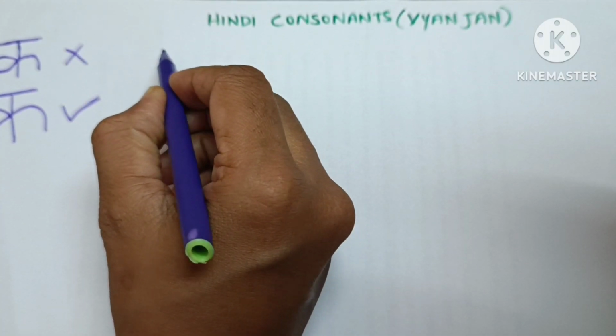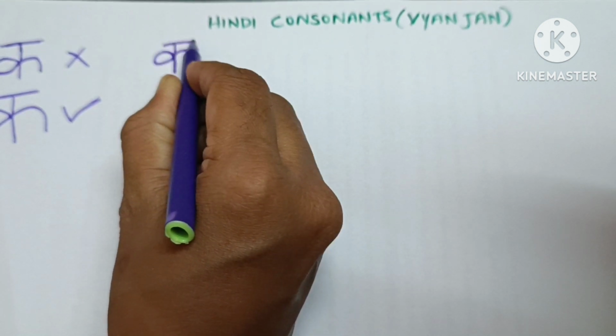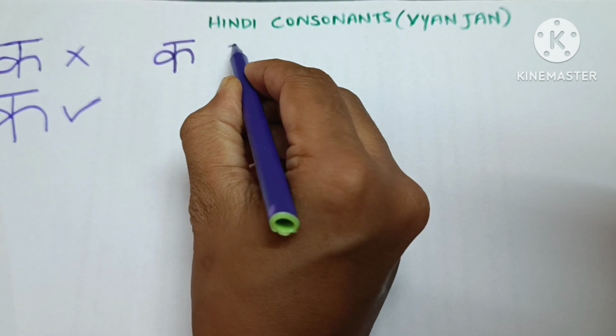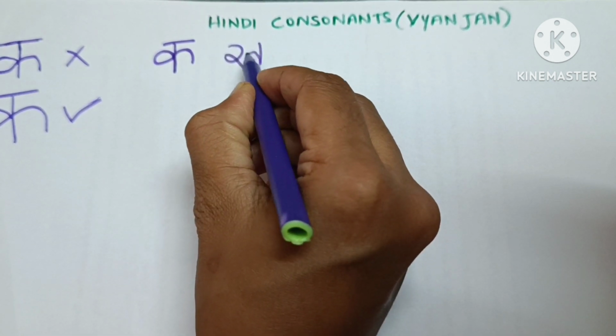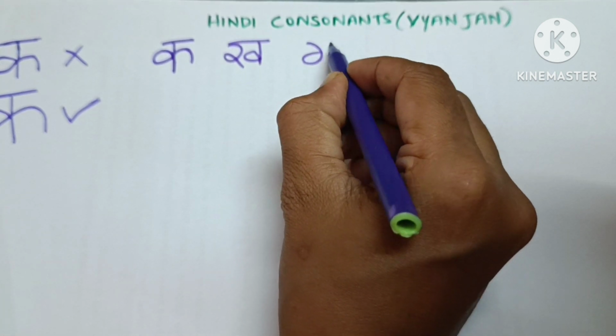Friends, also observe how I am writing the other letters. Starting with K. K. I am stressing and sounding.